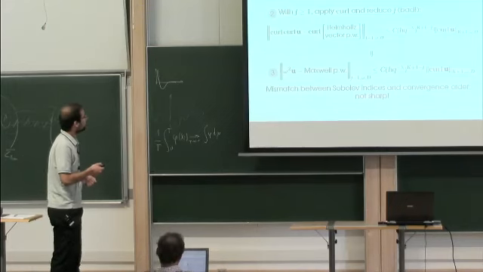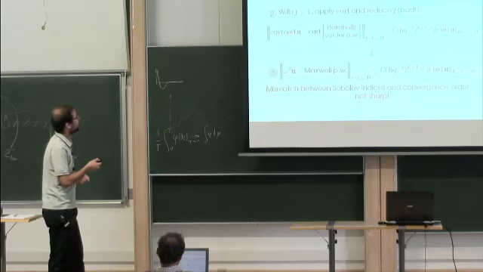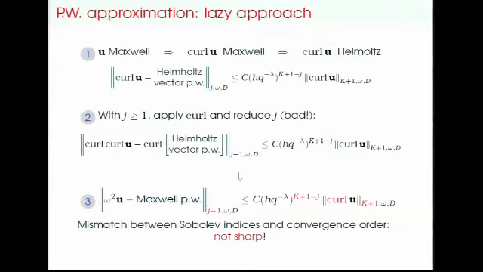And now we use the Maxwell equation, so we rewrite the curl as omega squared u, and we see that the curl of Helmholtz vector plane waves are still plane waves, but now are divergence free, so are Maxwell plane waves. This gives an approximation estimate by Maxwell plane waves, but in this case the order is not sharp because of this step.